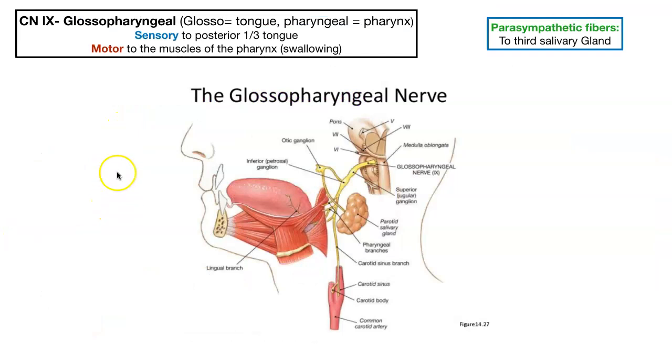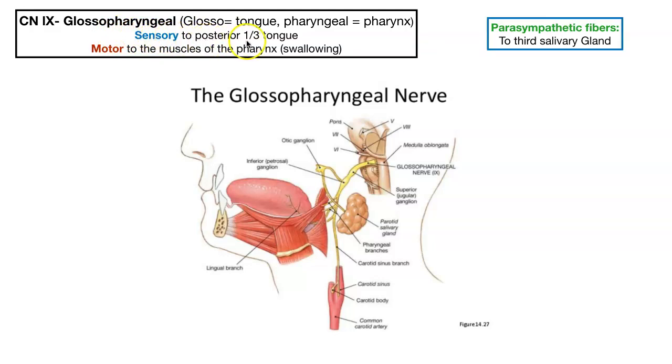Now number 9. Number 9 is the glossopharyngeal nerve. Glosso means tongue. Pharyngeal has to do with the pharynx. So this is giving, it's both. It has sensory and motor.